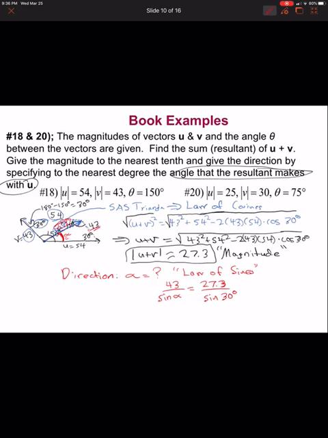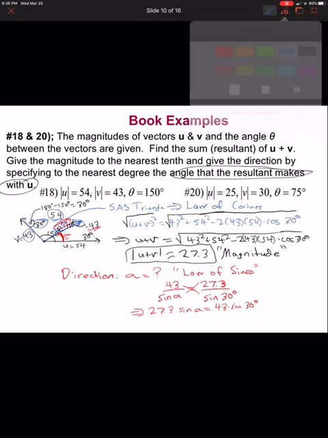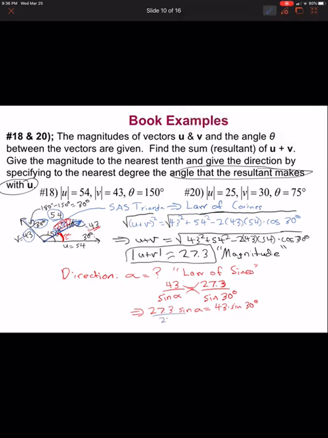Now to solve that, we could do the cross products. Let's go ahead and do that together. So 27.3 times the sine of alpha equals 43 times the sine of 30 degrees, which is 1/2 if you wanted to simplify. Let's solve for alpha. We need to get rid of the coefficient, so divide out 27.3 on both sides.